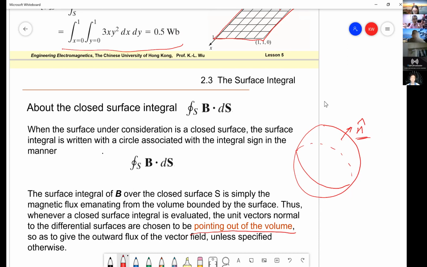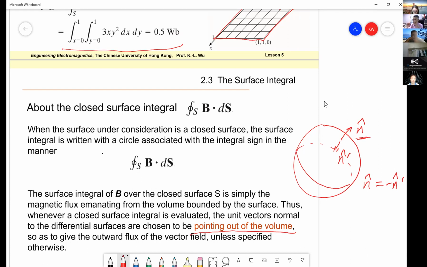If in case you are interested in the outside of the volume, then you define the direction as inward, so n equals minus n prime. That is the opposite direction. This is just a convention.